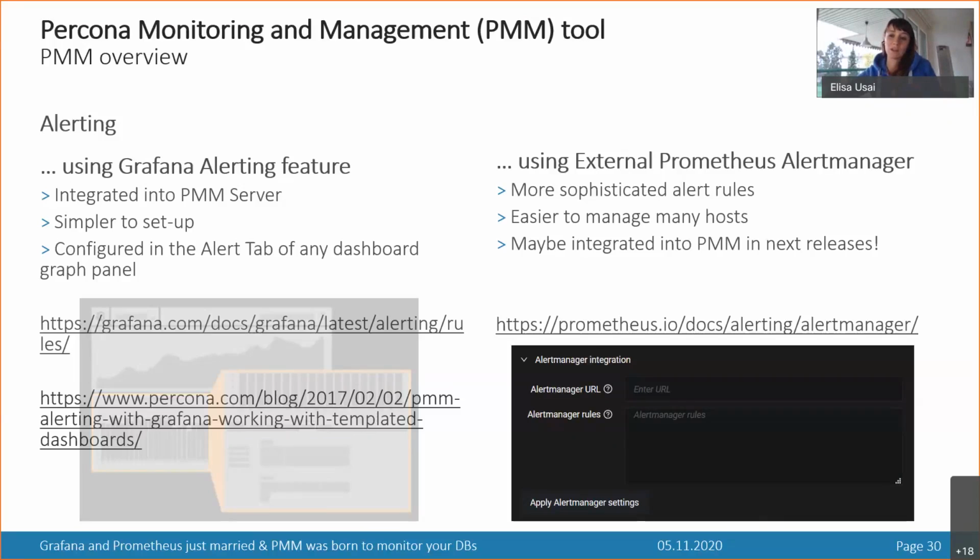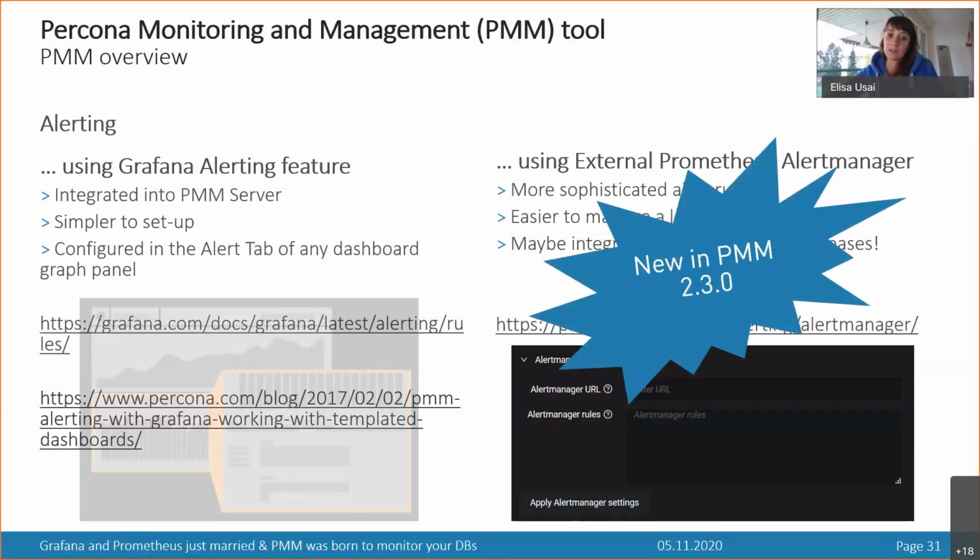You can already put it in place, but there is a note in the PMM documentation telling you that it may not be advisable to use it in production for the moment because it's under development. But it will come soon. It's a new feature of PMM starting with version 2.3. So now you can already use it, but you have to configure this external Prometheus Alertmanager.